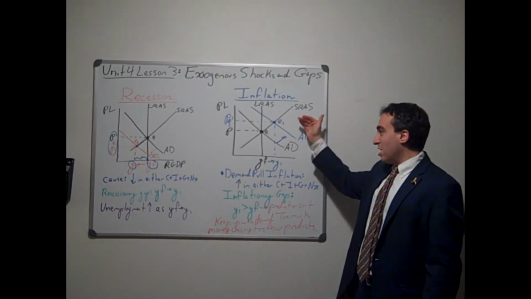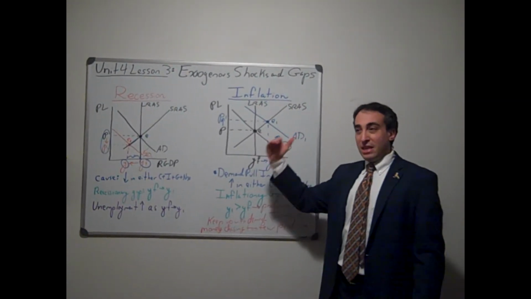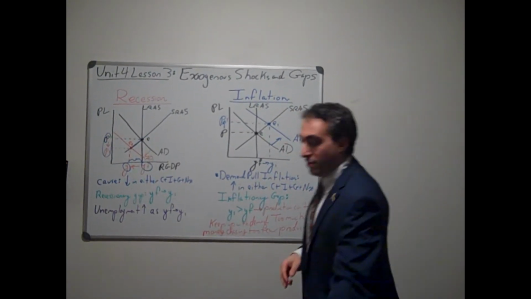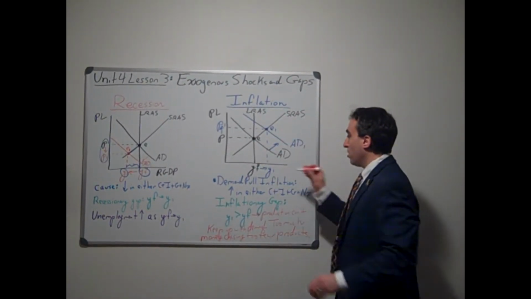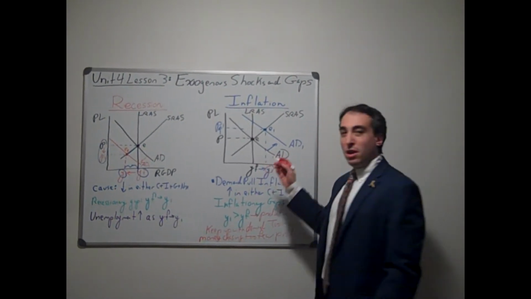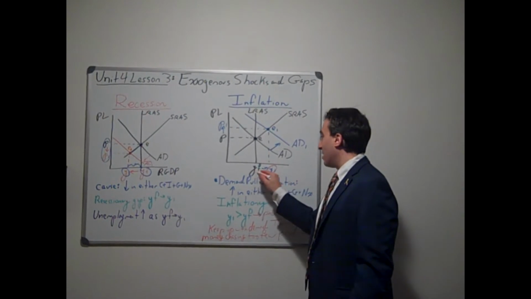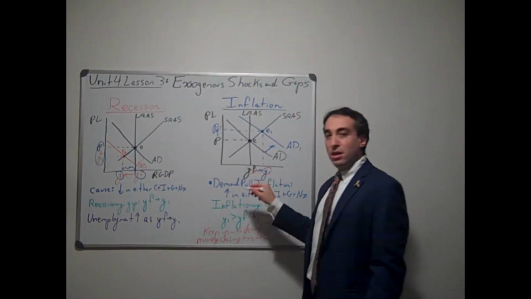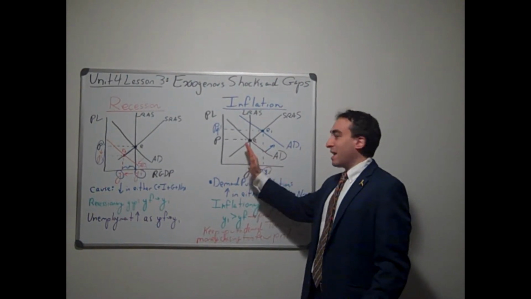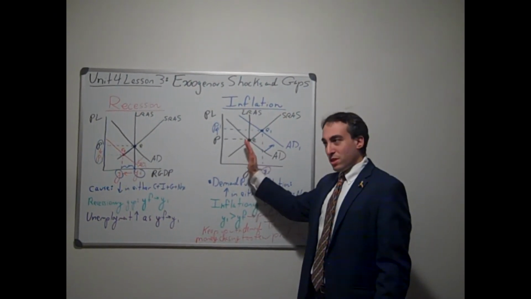The problem is, though, the gap that is created. And here we see a gap of, we are currently producing beyond a point that is sustainable, YF. So, remember, full employment, this is our maximum production of resources.